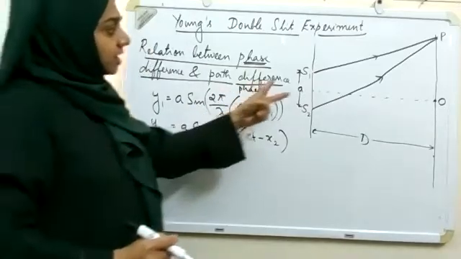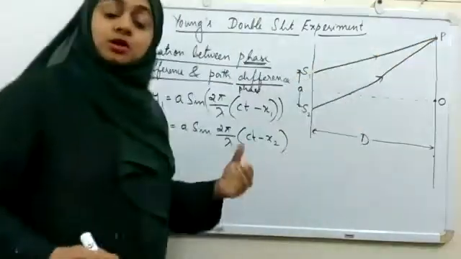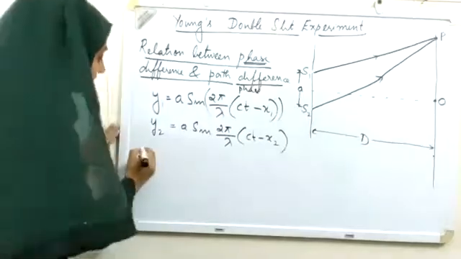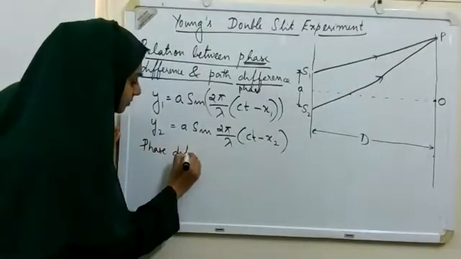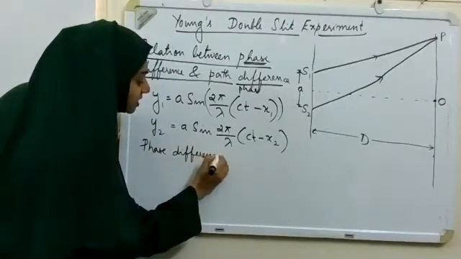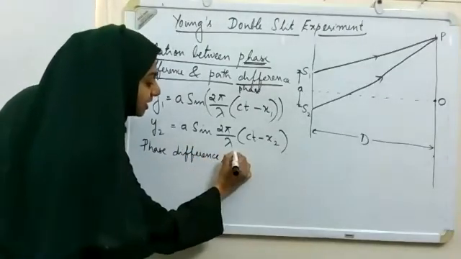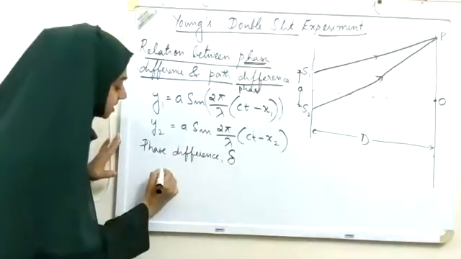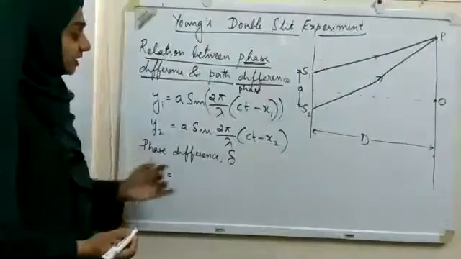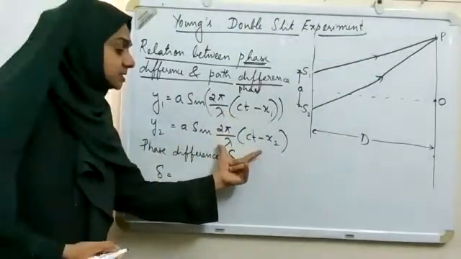So when two light rays reach there, what is the phase difference? Phase difference is represented by the symbol delta. So phase difference delta is equal to, I will take this angle minus this angle.